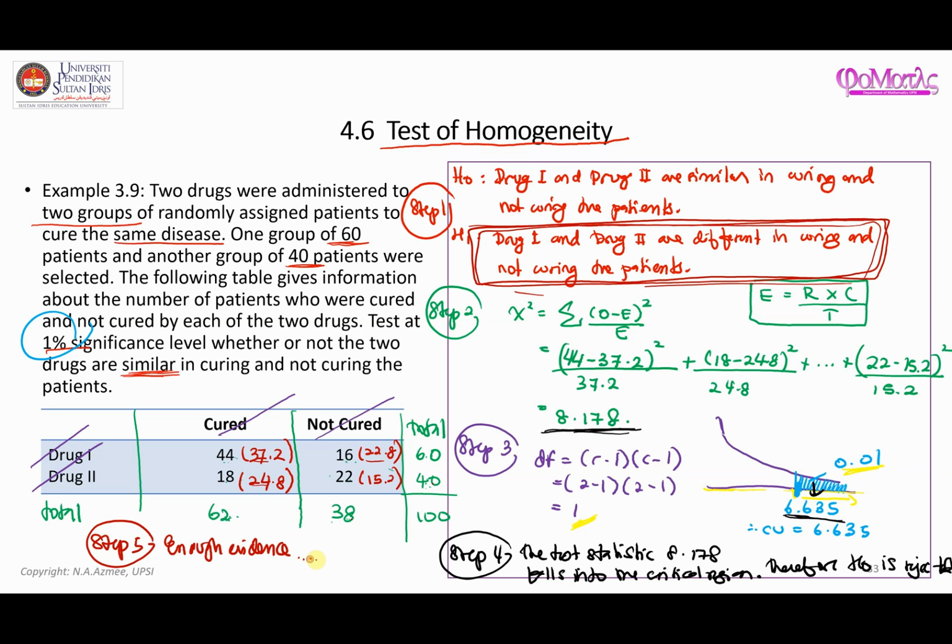I'm just going to not write the full sentence because I really don't have much space, but what we can write down is just as simple as this: there is enough evidence to say that drug 1 and drug 2 here are different in curing and not curing the patients.